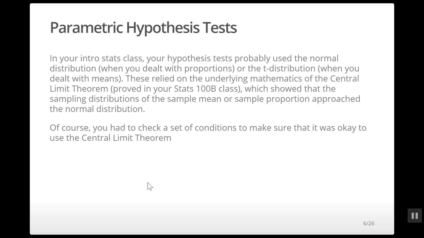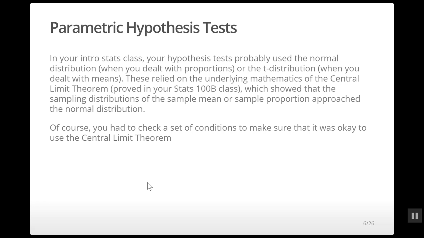What else has to be true about our data to use the central limit theorem? Randomly selected, yeah. So we want to make sure that our data is randomly drawn from the population and every observation is independent of the other, okay? And going along with observations being independent, our population has to be large in comparison to our sample, right?